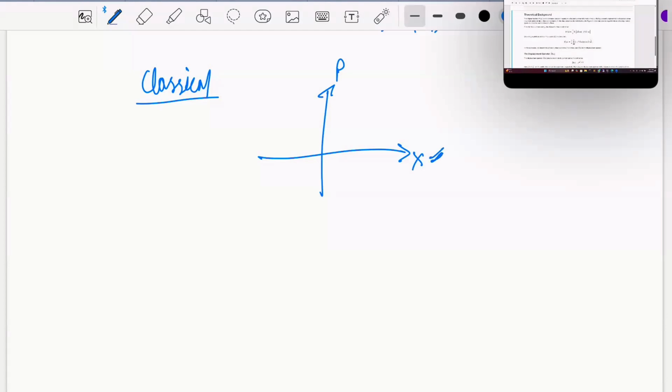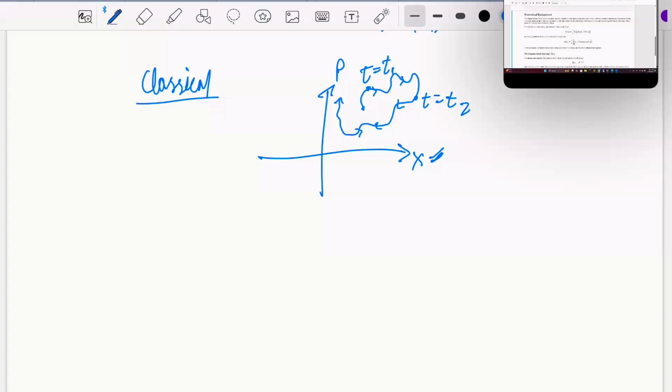We're not bothering about higher dimensions because otherwise we have to make a six-dimensional graph. For a single point here and its trajectory, we can define the behavior of a particle in one dimension by calculating this trajectory. At a certain time t equal to t1 the particle is at one place, and at t equal to t2 the particle is at some other place.